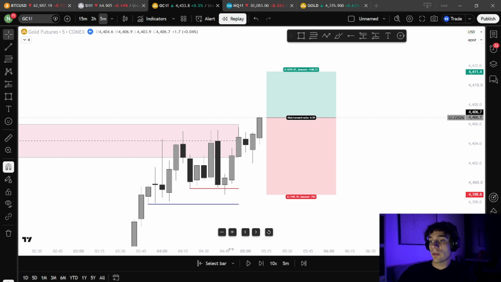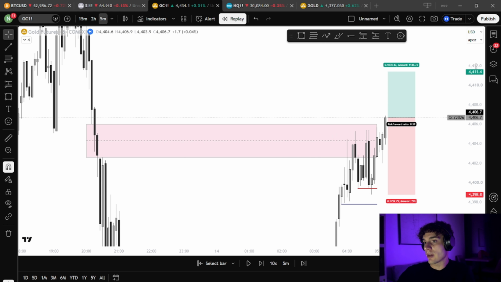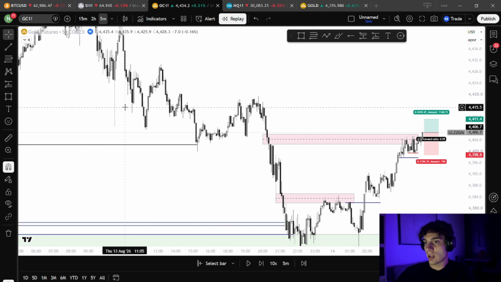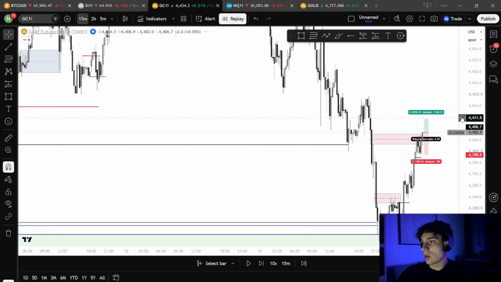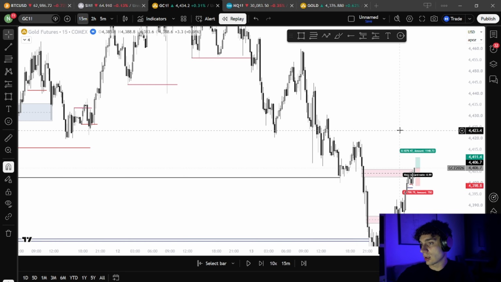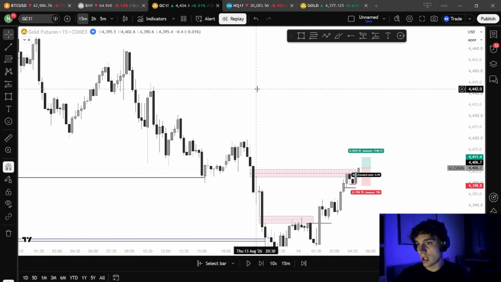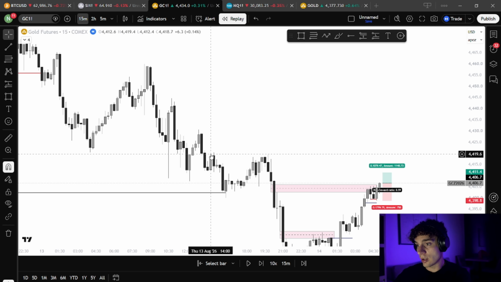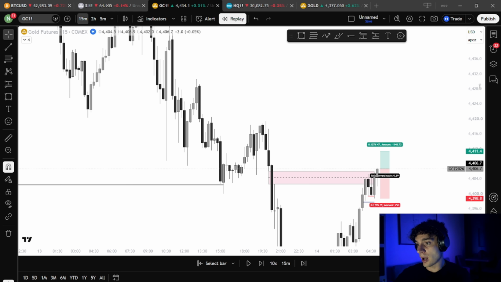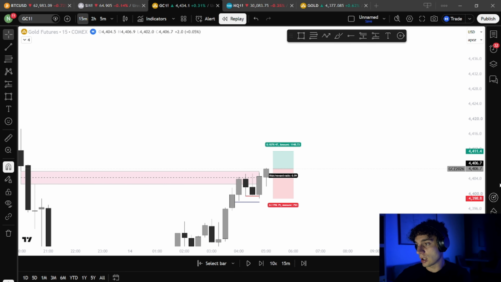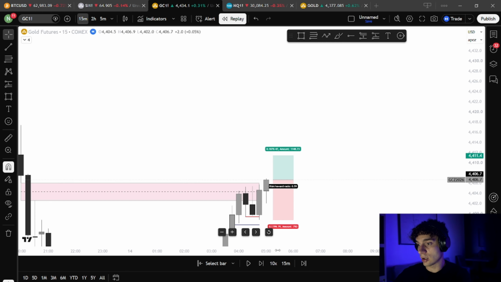For the take profit, to be honest, I really didn't have a target, because as you can see, there is no obvious target of liquidity there. There are some equal highs here, for example, and some fair value gaps, but I didn't really have a proper TP.